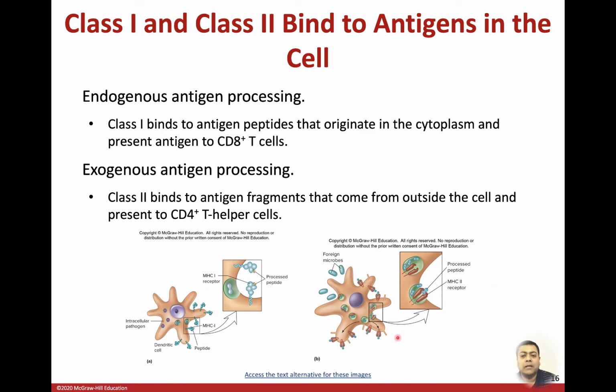So here it comes into action. Suppose you have a pathogen inside your body which is infecting your cells, suppose a virus, and that virus is also taken up by the dendritic cells or the macrophages, ingested, and that part of the virus is now shown outside by the MHC class 2. MHC class 2 is showing that virus part.